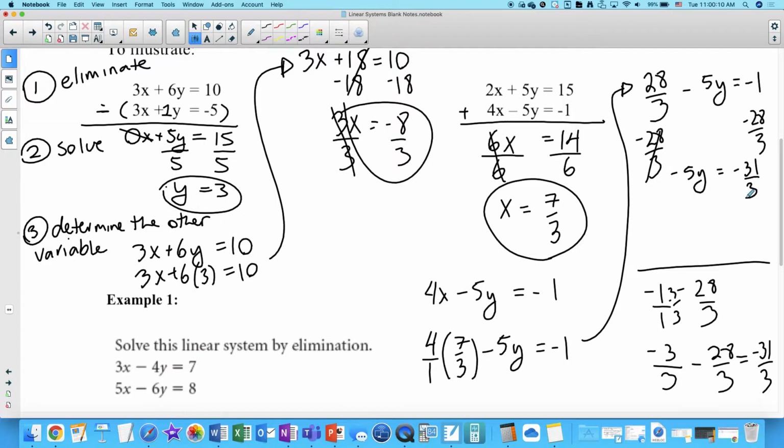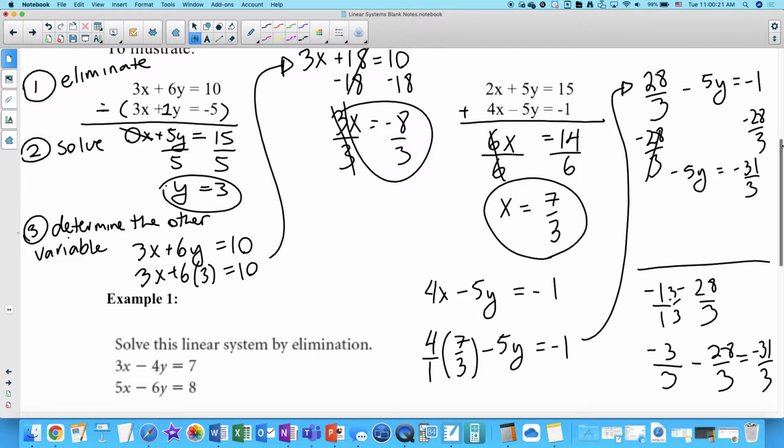And then to solve for y, I have to divide by negative 5, right? Now, when the other side is a fraction, what I like to do personally is instead of dividing by negative 5, what else could I do? No, because I want to undo this. So what other operation is the same as dividing by negative 5?